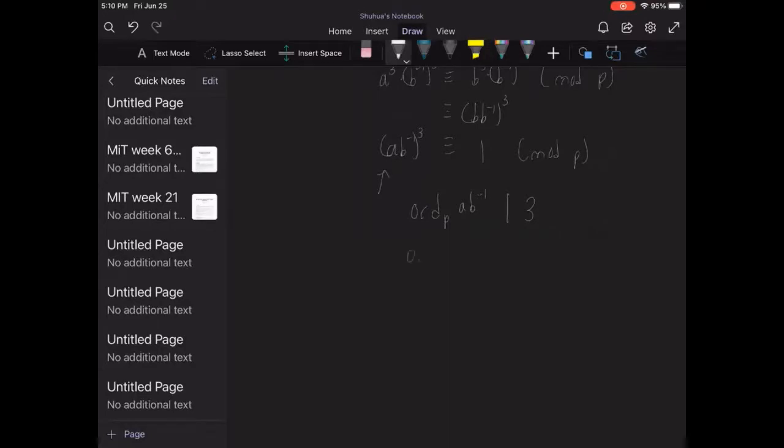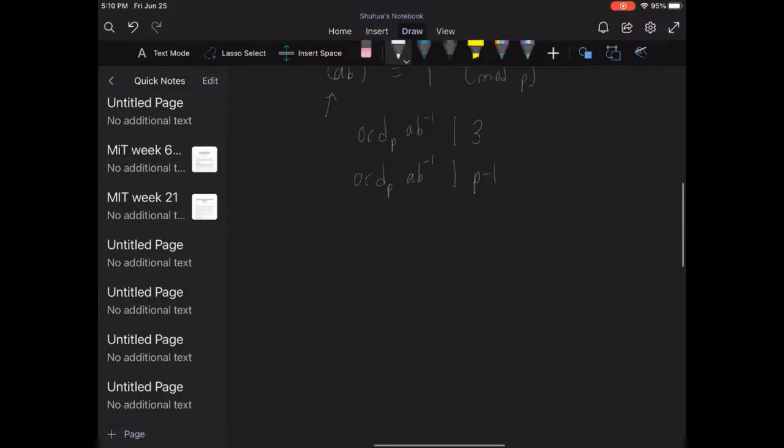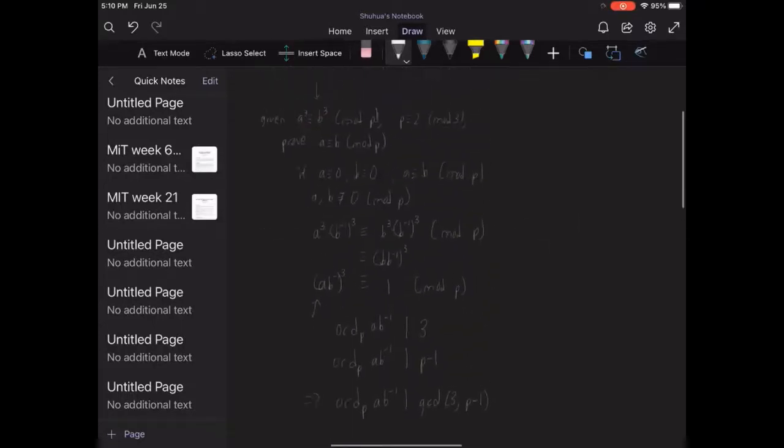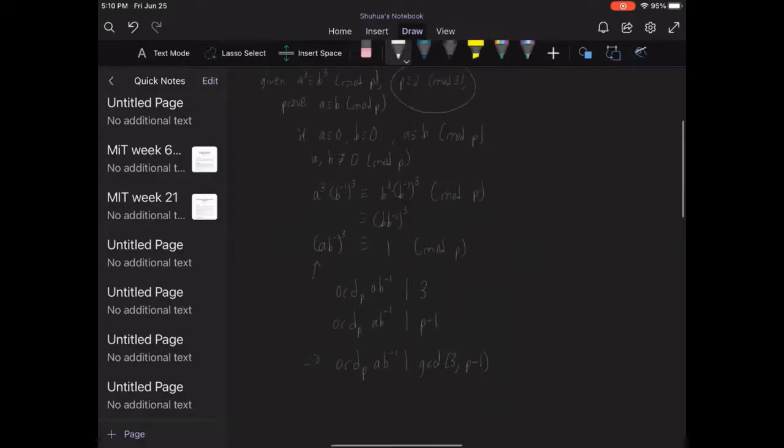And then also by Fermat's little theorem, or the corollary from earlier, we have that the order divides P minus 1. And you know that when some number divides two other numbers, it divides their GCD. So the order mod P of A times B inverse divides GCD of 3 and P minus 1. But now this is where this extra condition, P is congruent to 2 mod 3, comes in.